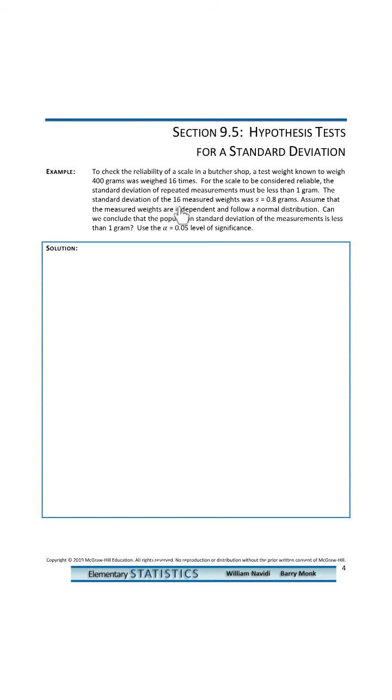The standard deviation of the 16 measured weights was 0.8 grams. Assume that the measured weights are independent and follow the normal distribution. Can we conclude that the population standard deviation of the measurement is less than 1 gram? Use alpha equal 0.05 as the level of significance.